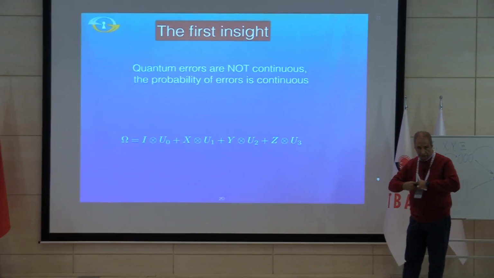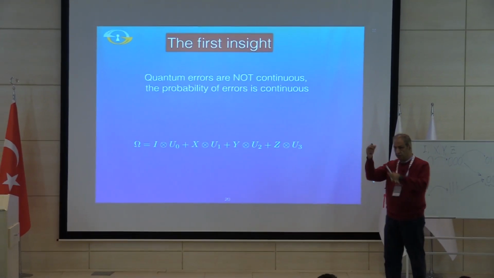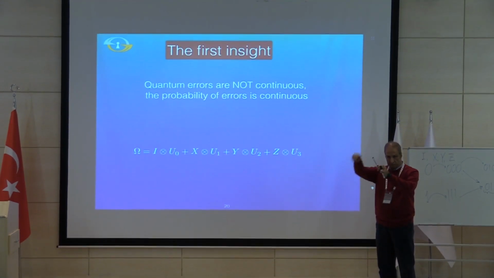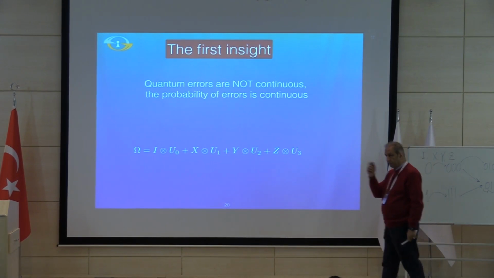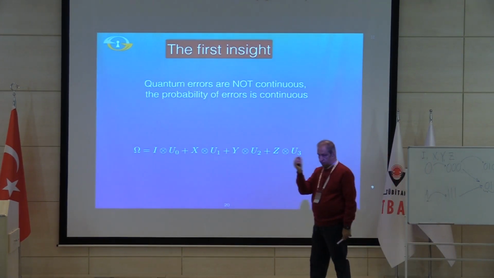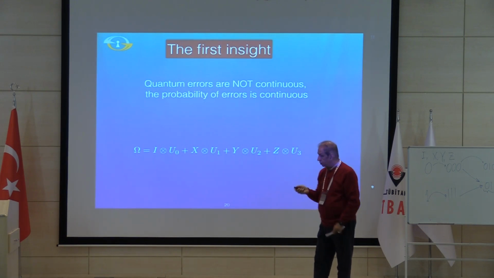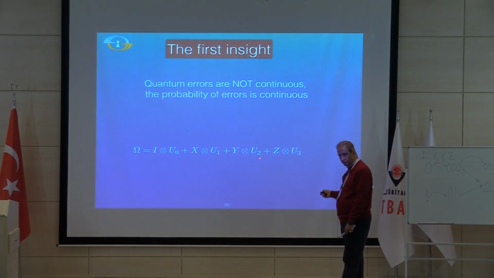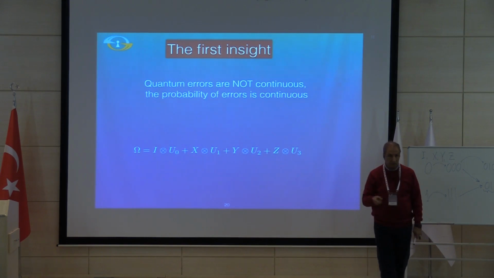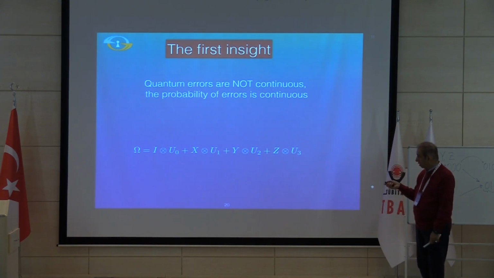This is the operator which acts on the whole space, the qubit and its surroundings. All the continuous parameters go to U0, U1, U2, and U3. And here you see that the operators acting on the qubit are I, X, Y, and Z. All the parameters which were continuous go to these operators U0, U1, U2, U3.